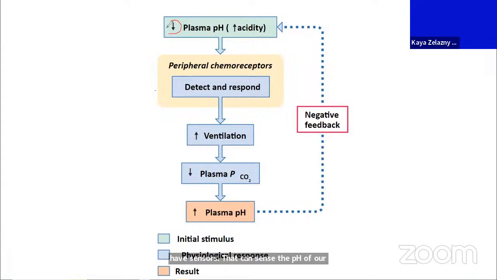If we have a drop in the pH in our plasma, which is the same thing as saying increasing acidity, we have chemoreceptors, specifically peripheral chemoreceptors, that can sense this. What they're going to do is increase your ventilation because we're trying to breathe off that acidity. As we breathe off that acidity, our partial pressure of carbon dioxide goes down. We're getting rid of carbon dioxide because we're breathing it out, which means that our plasma pH goes back up and goes back to normal, which means we have a negative feedback loop, turning this all off once we're back to normal.